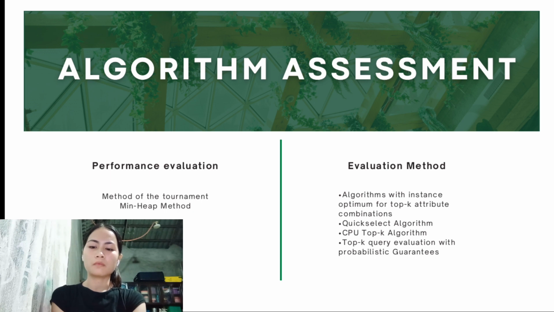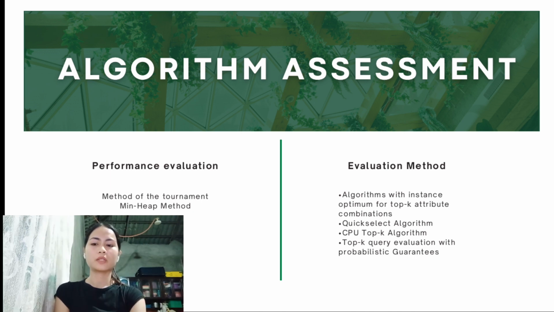Effective top k,m algorithms have been created by taking into account various query certainties such as precise and approximate query processing, and data access strategies such as sorted and random accesses.